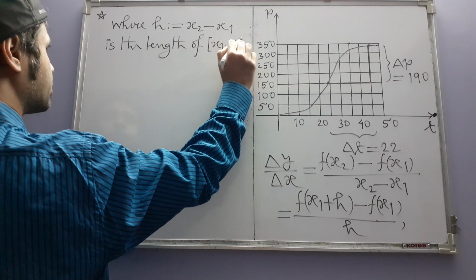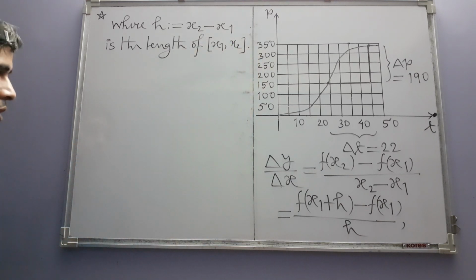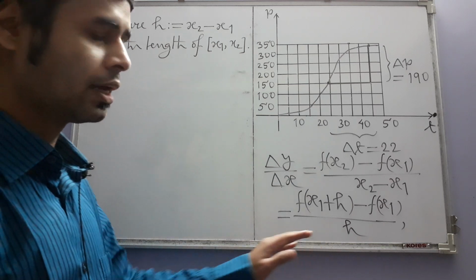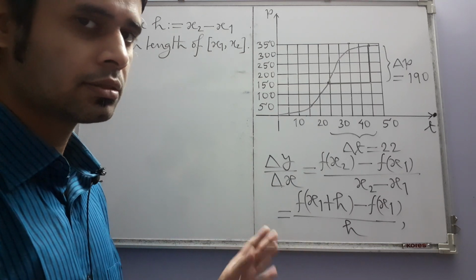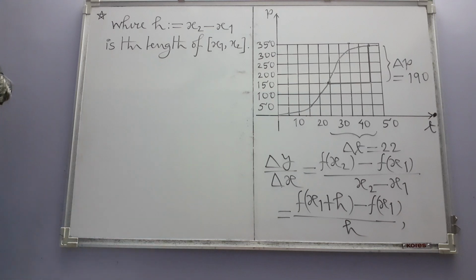Just like while calculating the average speed of the falling rock, we divided by the length of the time interval, in this case general input interval.